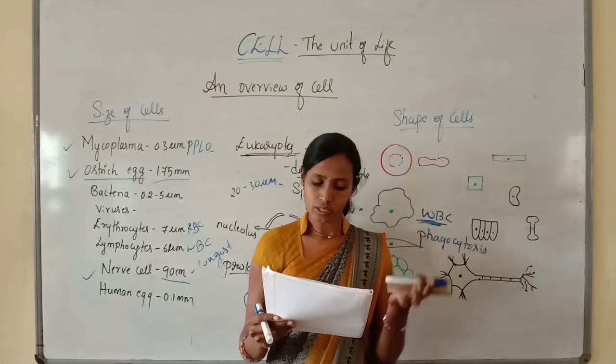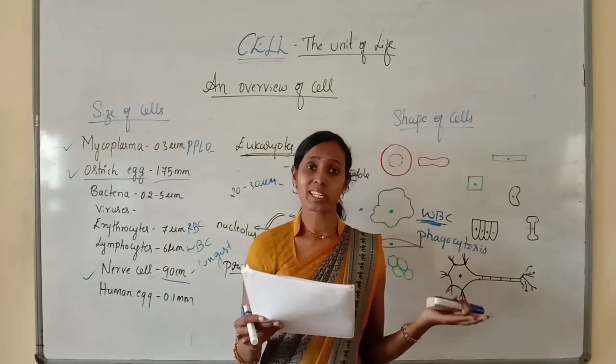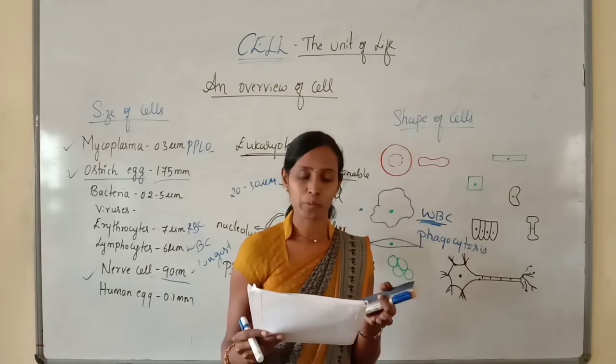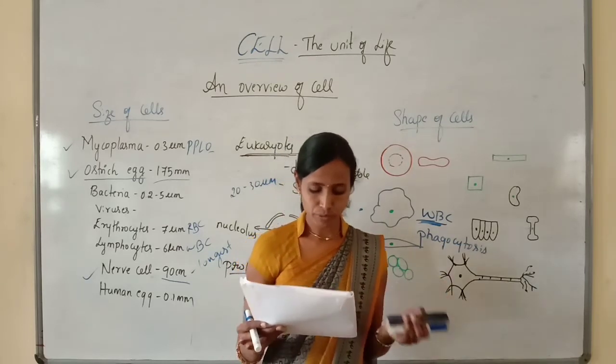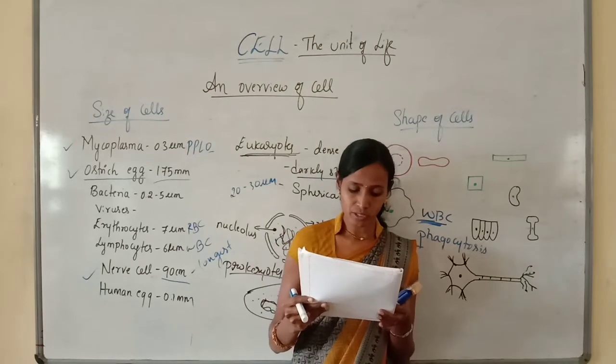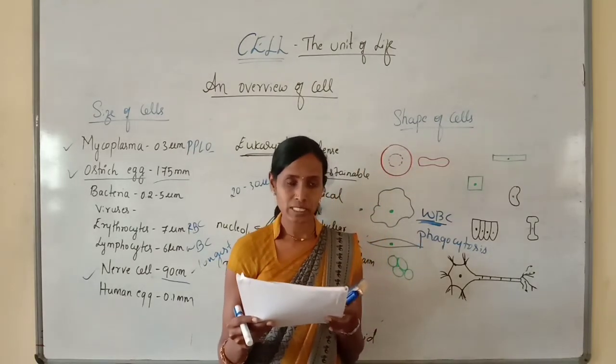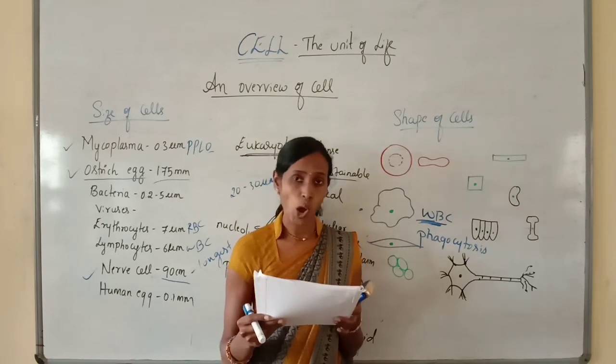In prokaryotes ribosomes are there, genetic material is there, cell wall is also present, but the membrane bound nucleus is absent. So option D. And fifth question: the largest cell is option A human egg, option B ostrich egg, option C nerve cell, option D all of these.